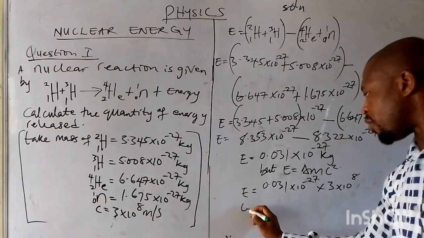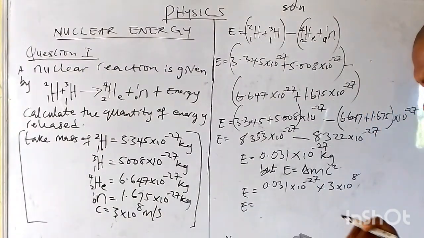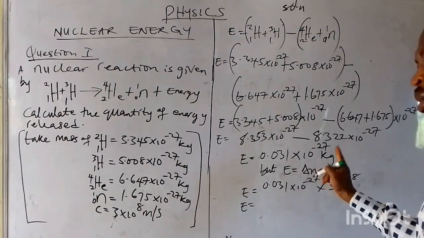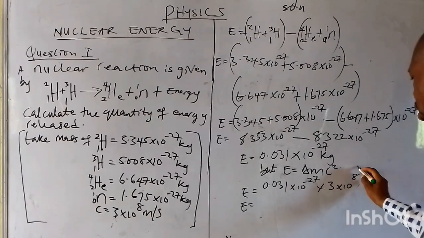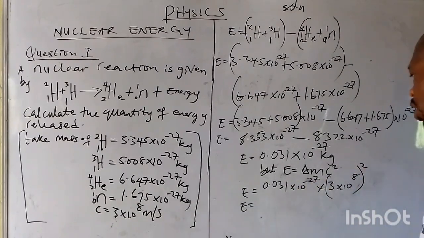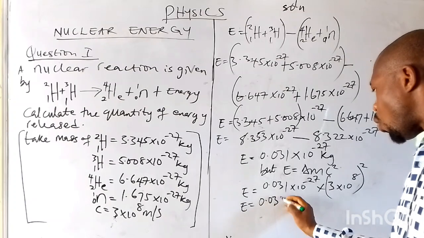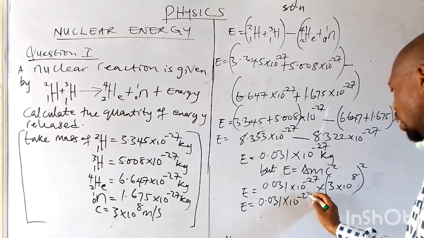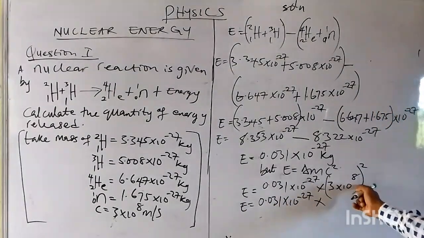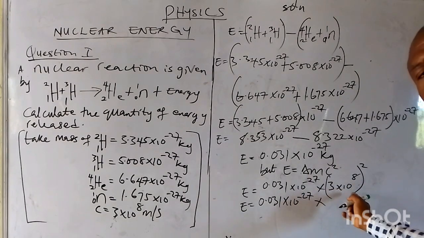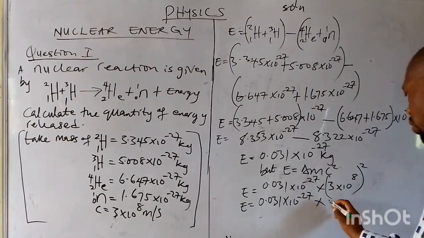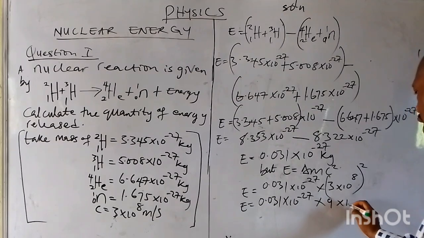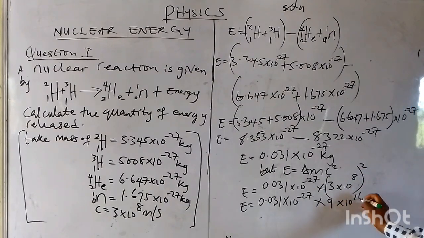We will now have that E is equal to, if we multiply this, remember the law of indices, you multiply the bases. Remember there is a square here, please. So which will give us 0.31 times 10 raised to the power minus 27 times, if you square this, law of indices says square the base and multiply the index by 2. If you square the base will give us 9 times 10 raised to the power, this time it is 16.